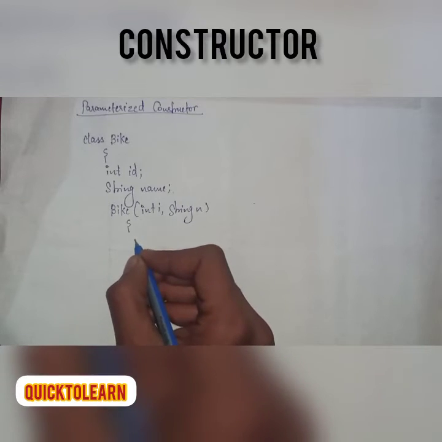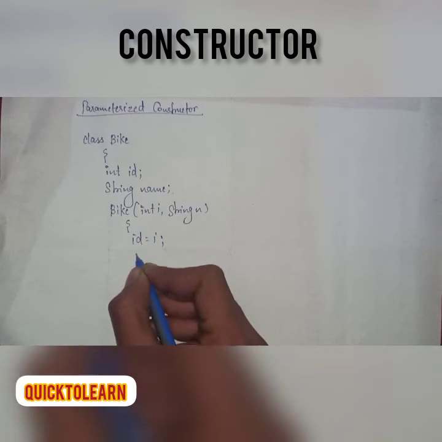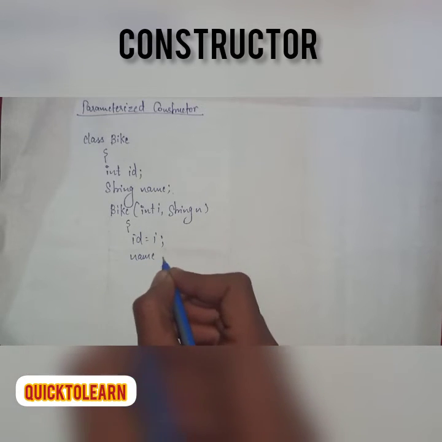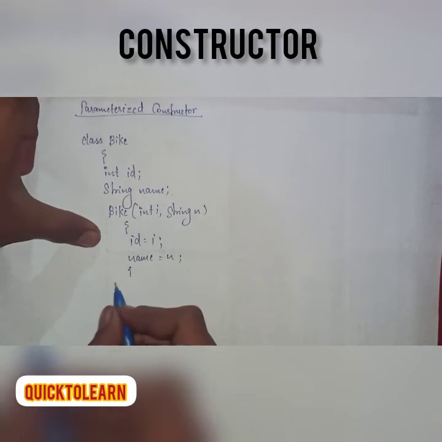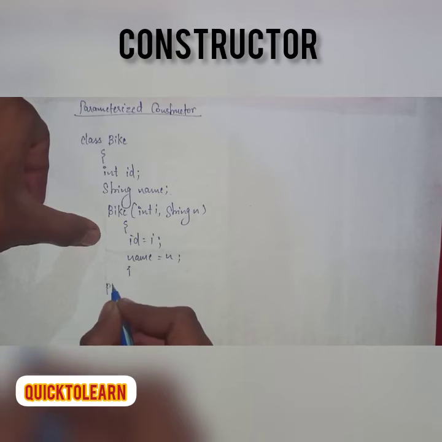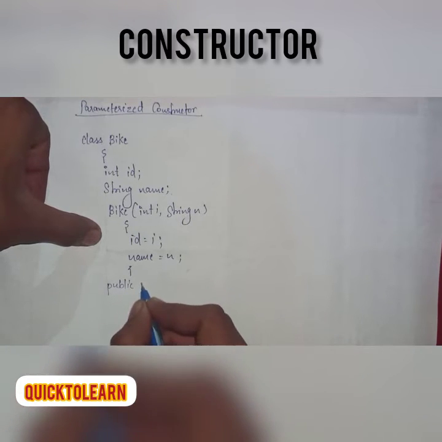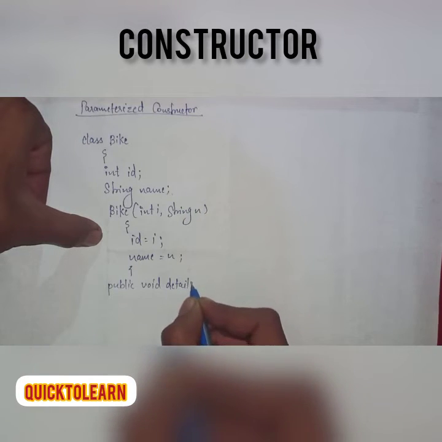We give values: id equals i and name equals n, and then we close the constructor.